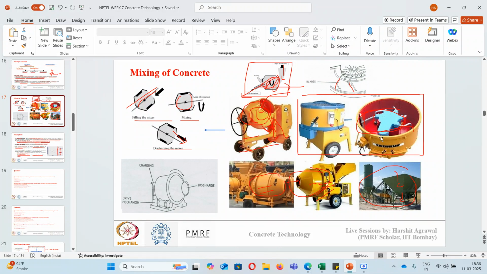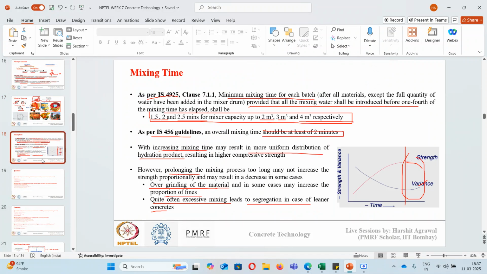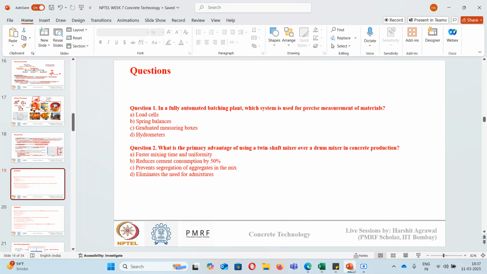This pan mixer is the most efficient type, more efficient than the drum mixer, because there is proper scratching and rubbing of concrete happening. And this continuous mixer is used for large scale projects where you want to rapidly discharge your material. So based upon the project requirement and the material constraints, the choice of mixer can change.